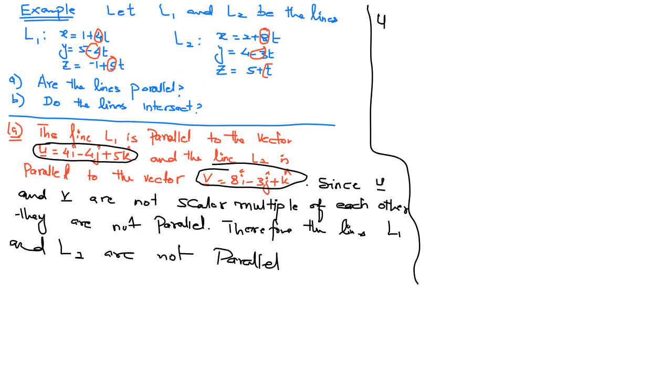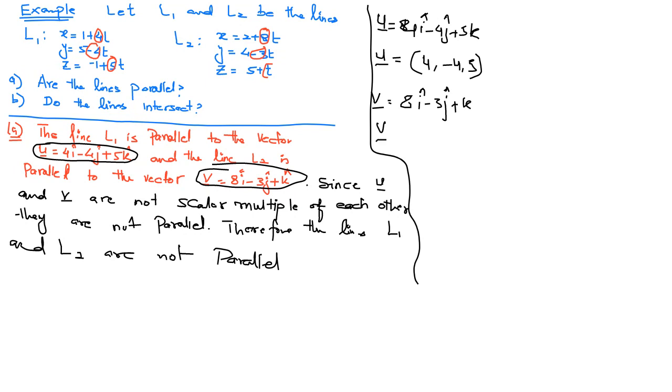See, this is the u vector, 4i minus 4j plus 5k, so you can write u as 4, minus 4 and 5, and the v vector is 8i minus 3j plus k, so you can write 8, minus 3 and 1.